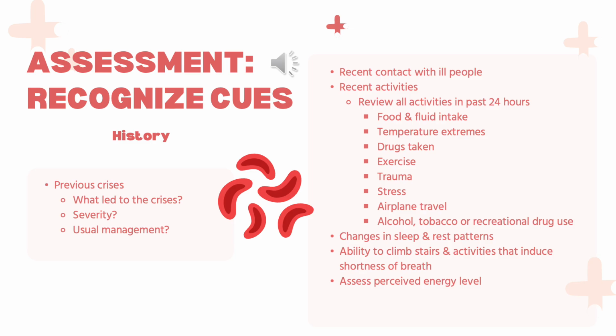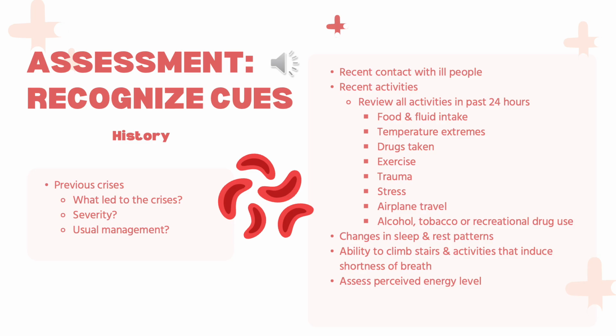We're going to ask the patient about any changes in sleep and rest patterns and their ability to perform activities like climbing stairs or engaging in tasks that might cause shortness of breath. Finally, we're also going to ask about their perceived energy level using that 0 to 10 scale, where 0 represents fully energized and 10 indicates complete exhaustion.